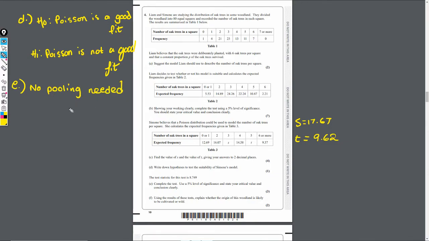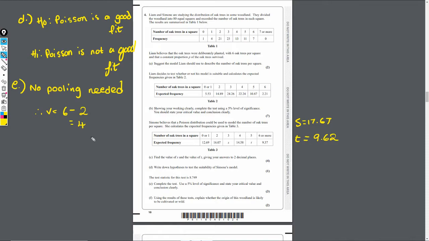So now let's work out my degrees of freedom. How many columns have we got? 1, 2, 3, 4, 5, 6. It's going to be 6. And again, we're going to subtract 2, because we've got the totals, and because we estimated lambda. So that'll be 4 for my degrees of freedom.